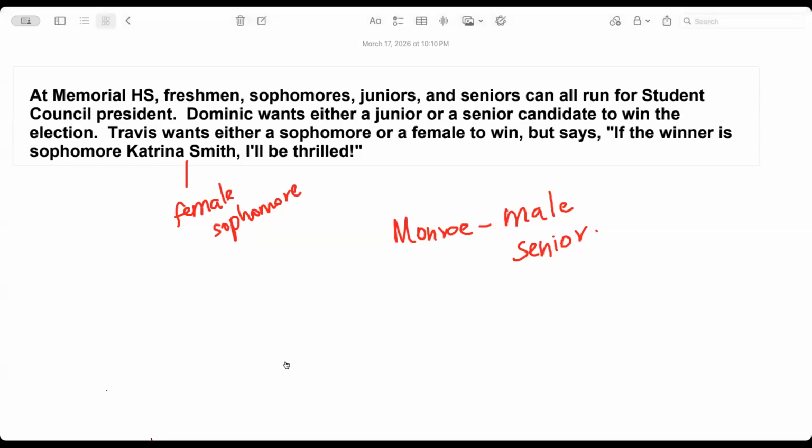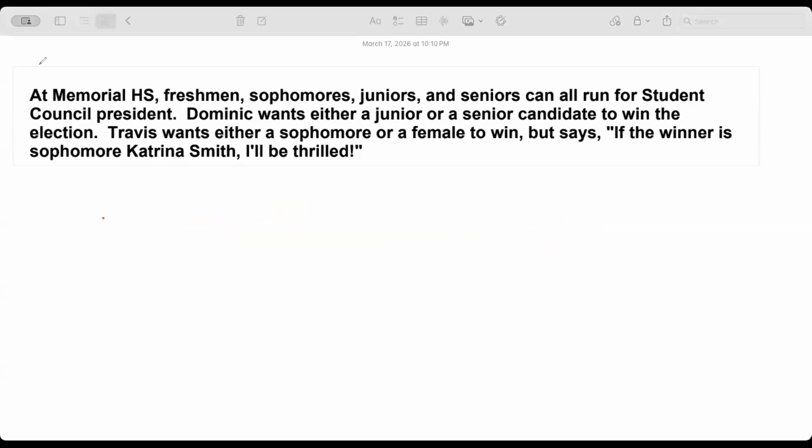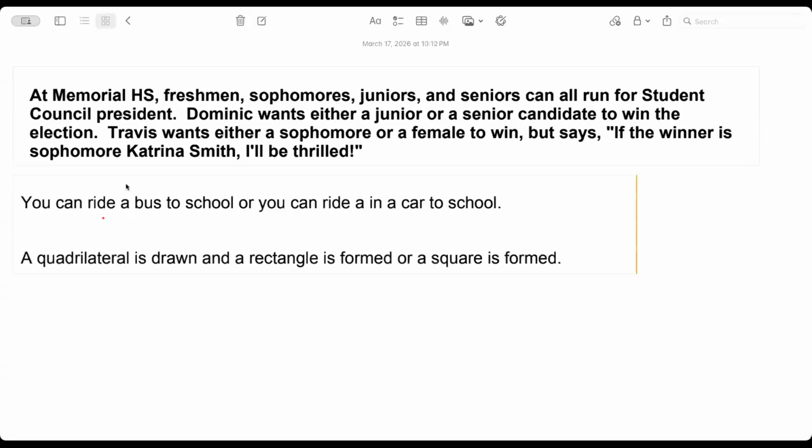Okay, let me give you another example for mutually exclusive events. Tell me this. Are these mutually exclusive or not? You're going to help me find out. Which of these is mutually exclusive? You can ride a bus to school or you can ride in a car to school.